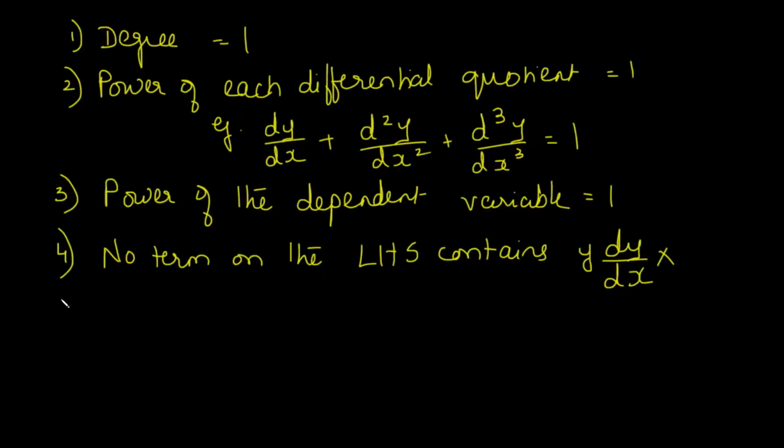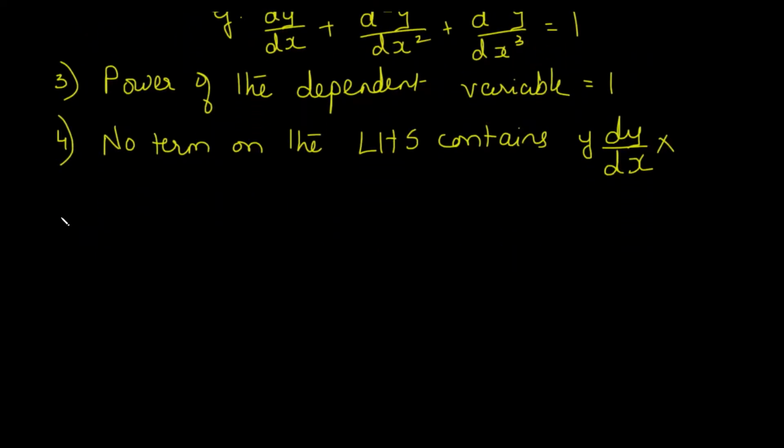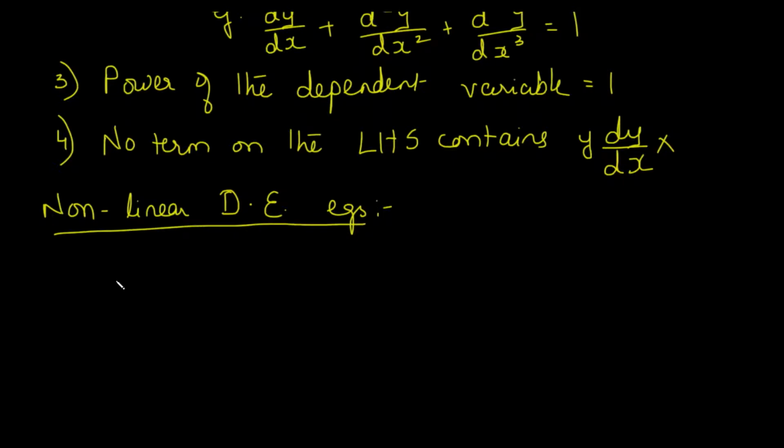Okay, let me give you examples of non-linear differential equations just for you to understand. An example of a linear differential equation we already saw. Now, what is a non-linear differential equation? Examples, and I'll tell you why they are non-linear in nature.